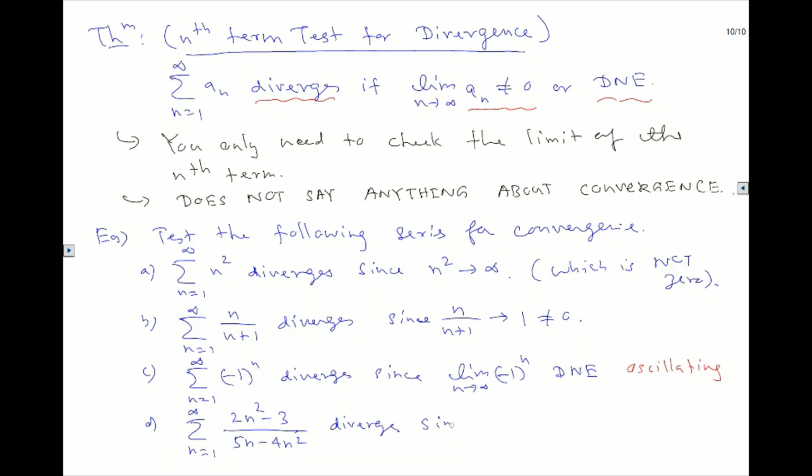Diverges since the limit, what's the limit of this one? If you consider only the largest term from the numerator and denominator, you get 2n squared over negative 4n squared. That means you get negative 2 over 4, which is negative 1/2, which is not equal to 0. So the series diverges, because it's not 0.